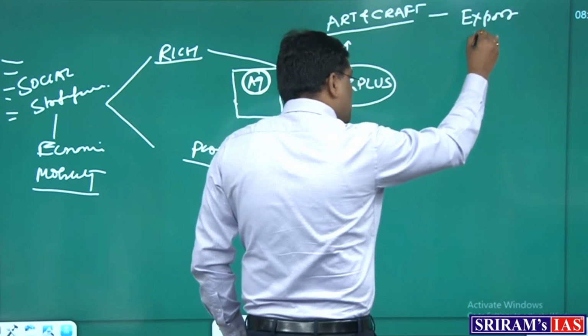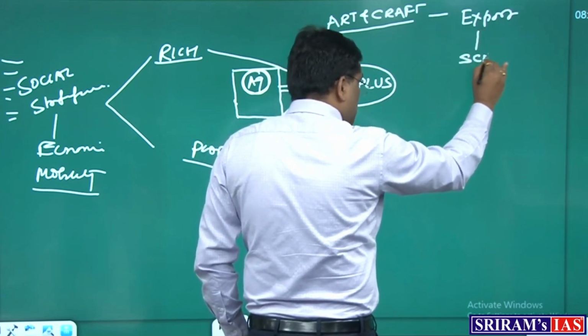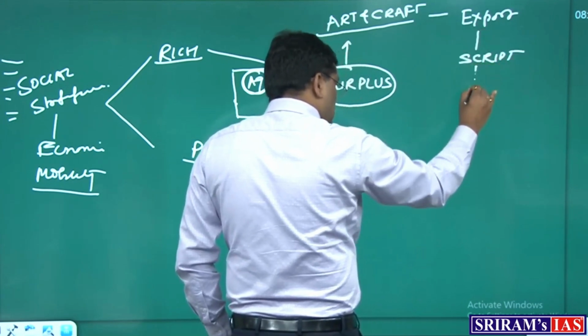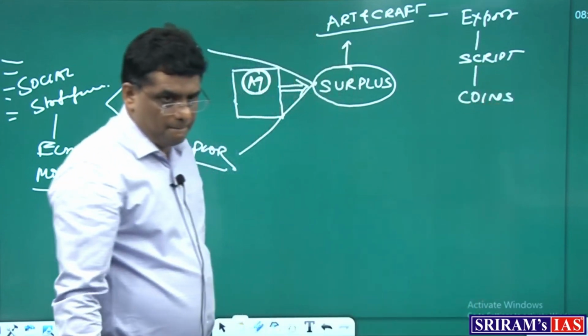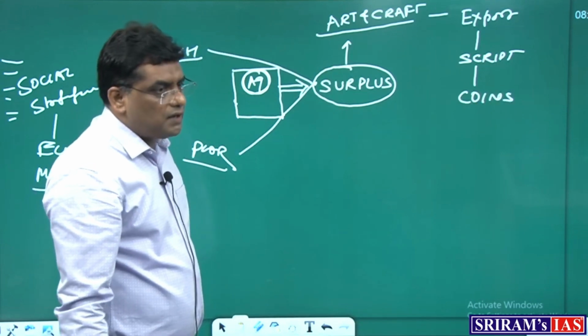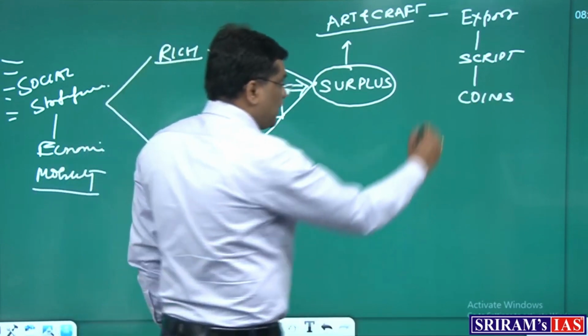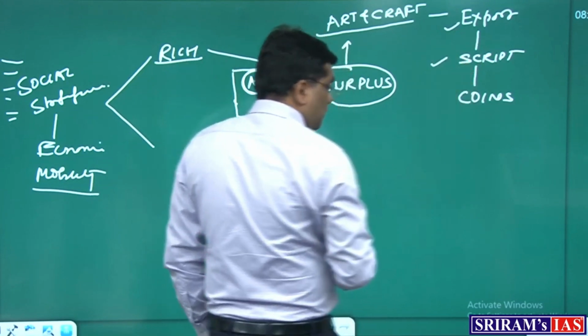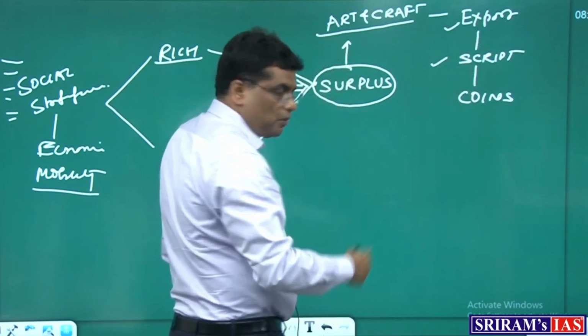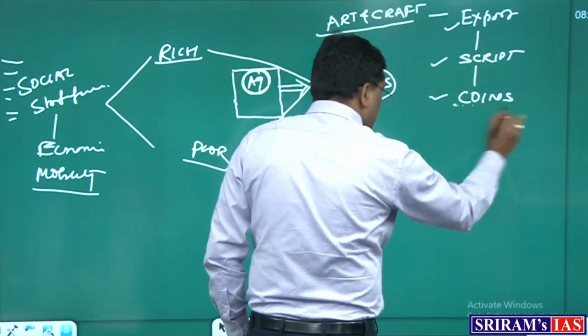Possibilities of export mean there will be a script, and a script means there will be coins. So trade led to the rise of export and import, created the script, and created the possible coins.